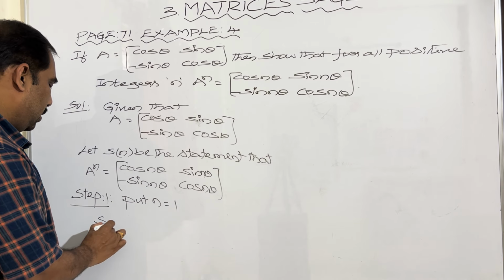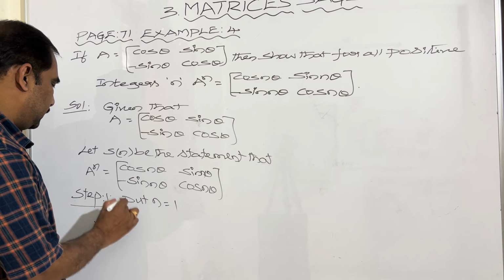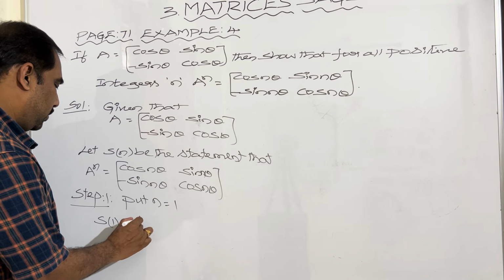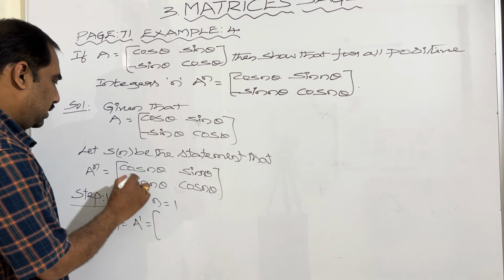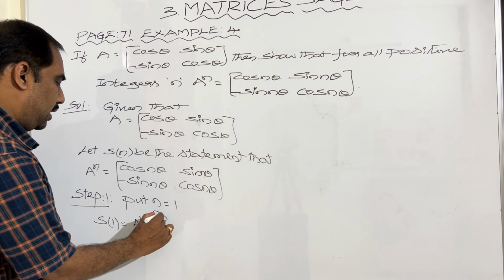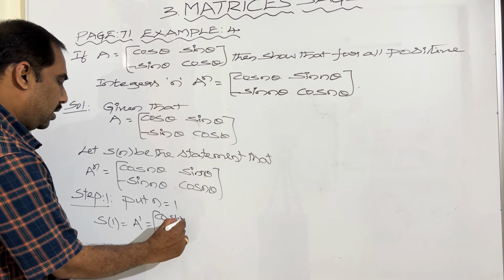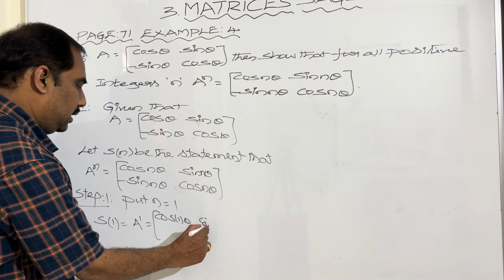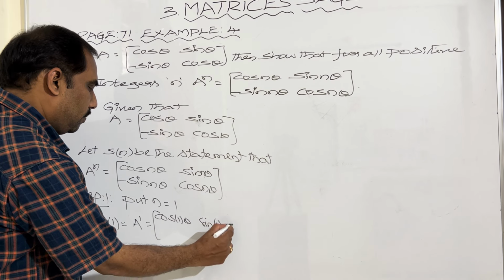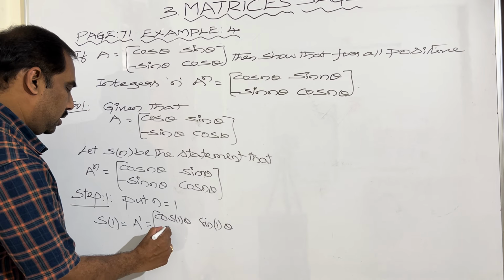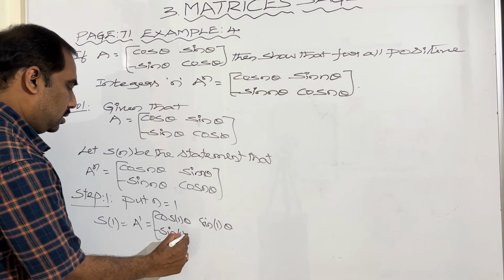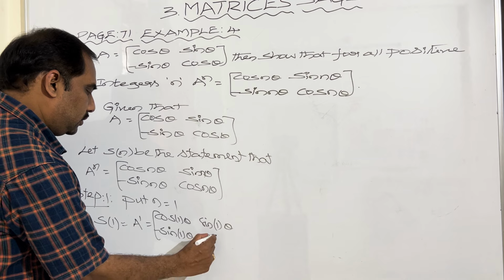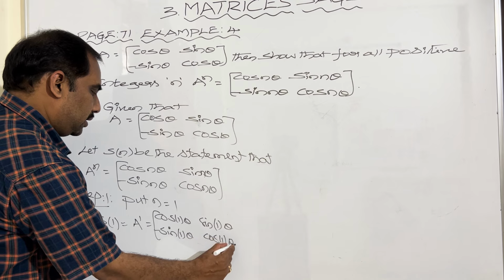A power n. So now S of 1 is equal to A to the power of 1, which is equal to, in the A power n matrix, n replaced by 1, cos 1 into theta, sin 1 into theta, minus sin 1 into theta, again cos 1 into theta.